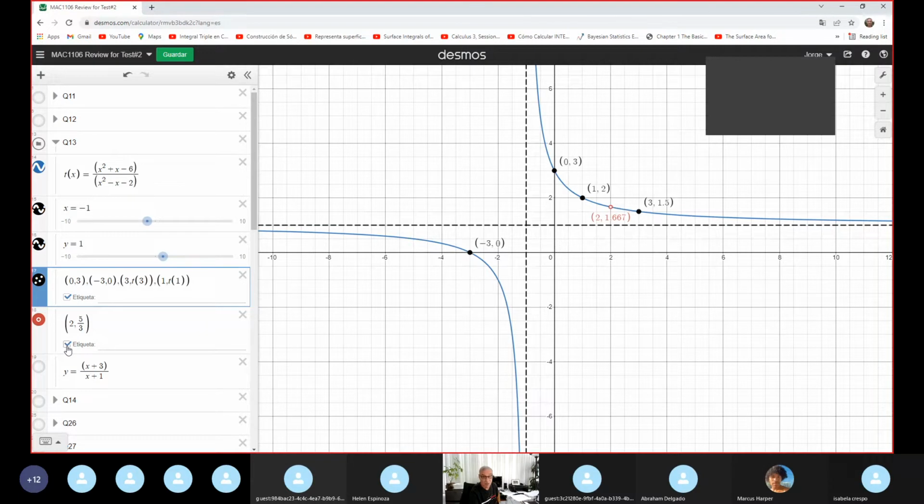The symbolic way to represent this idea is the hole, but this value 1.667, 5 over 3, is the y value when you evaluate in the new function after removing the hole. Do you understand this idea or no?